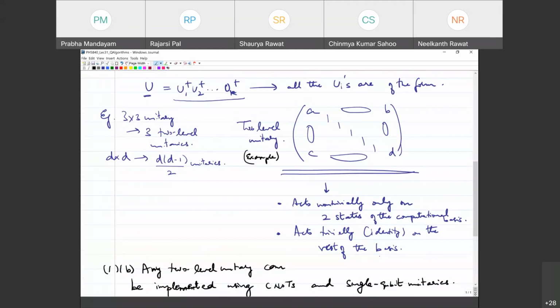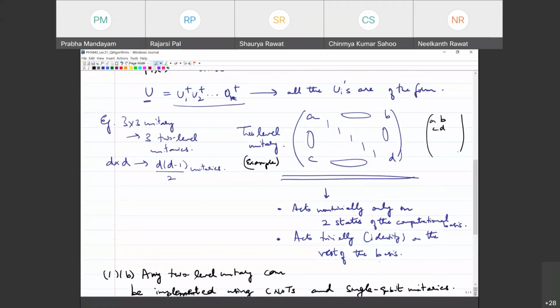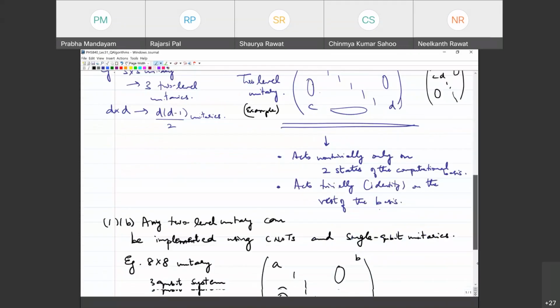So you could have A, B, C, D. And then the rest are ones and then zeros. This is one possible form, and there are several such forms. You just have to pick, like I said, complementary diagonal entries. Is it clear? Yeah, sure. Okay, so this is just a form I've picked for convenience.